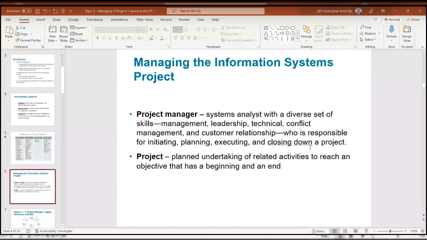So the term project is defined as a planned undertaking of related activities to reach an objective that has a beginning and an end. Each has a defined activity that is related to one another, but the nature of it could be overlapping, parallel, or sequential, to reach an objective.